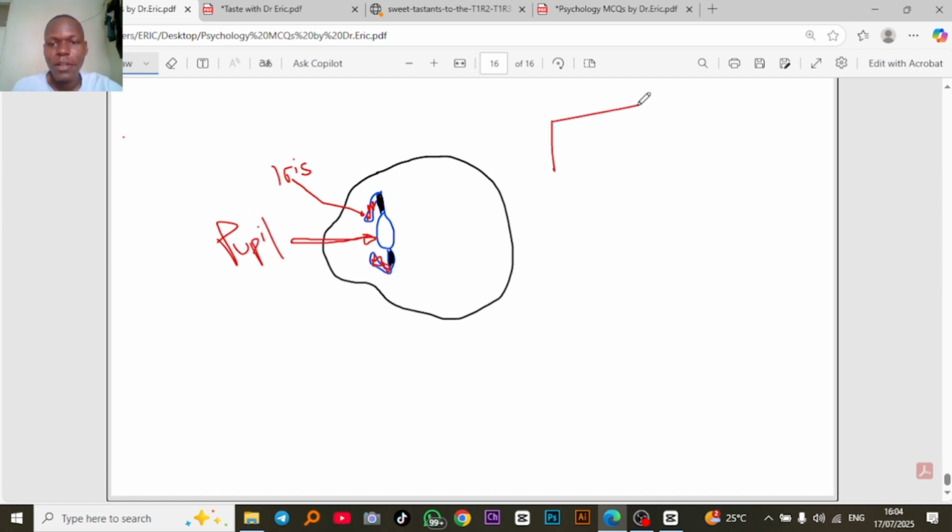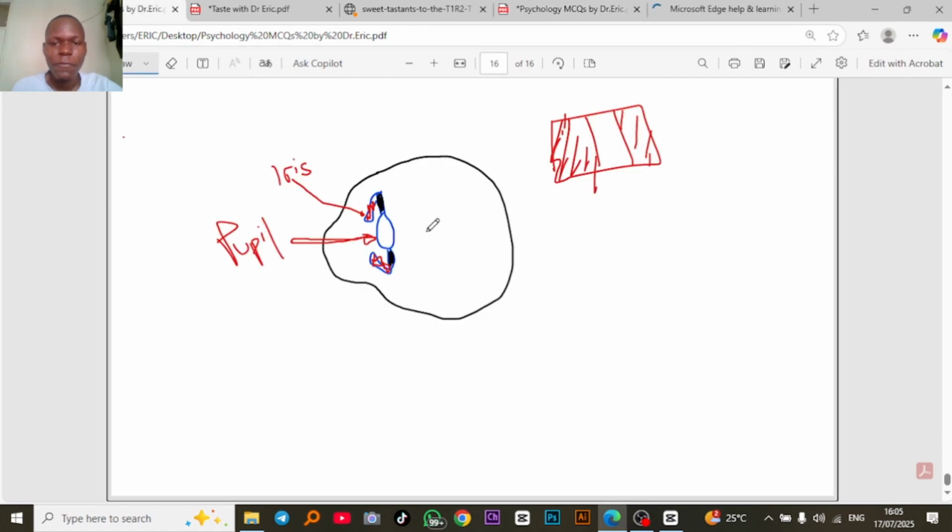And what does it mean? Let's say you have a curtain, this side it's colored, and also this side it's colored. So the space that remains in between is what we call the pupil. Meaning if I close these two curtains, or bring the curtains closer, I'll be reducing the space. We understand? However, if I take the curtains and separate them, I'll be increasing the space.